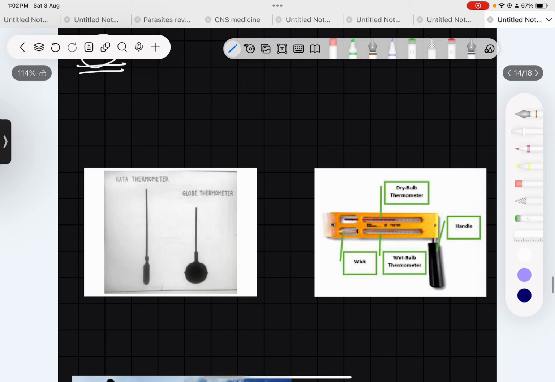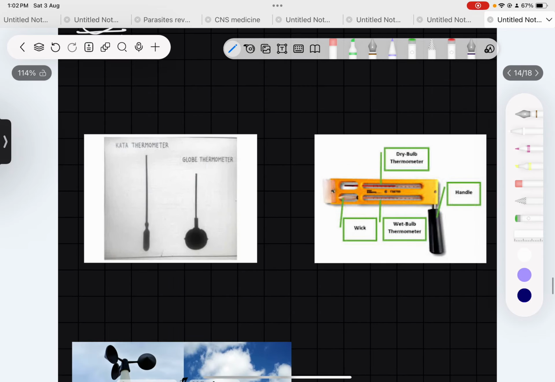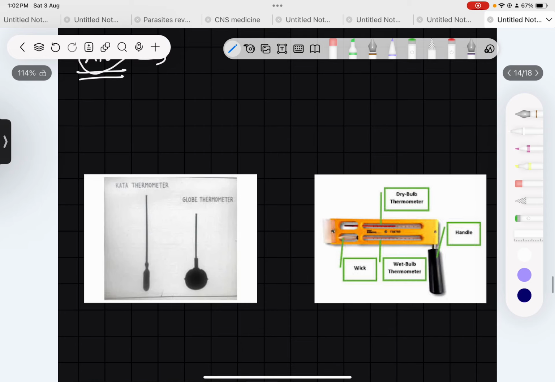So we have two thermometers, the Kata thermometer and the globe thermometer. As you can see, the Kata thermometer has a thin tube, and the globe thermometer has a very thick and round globe.